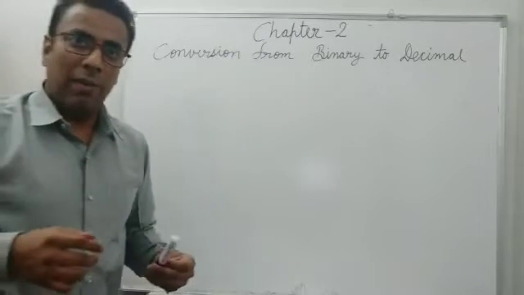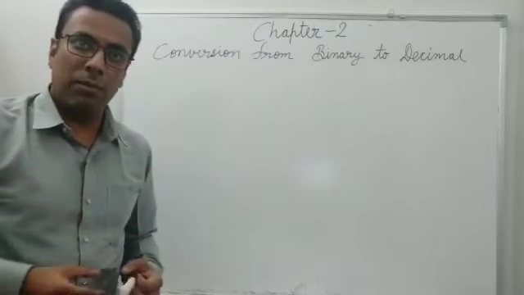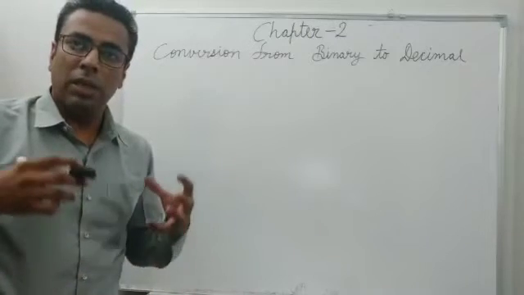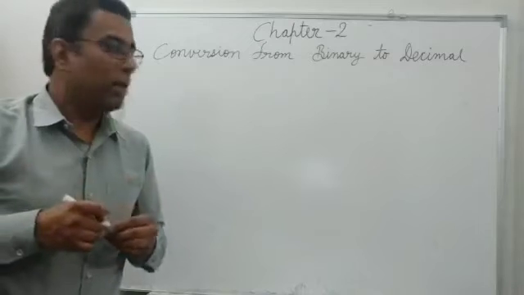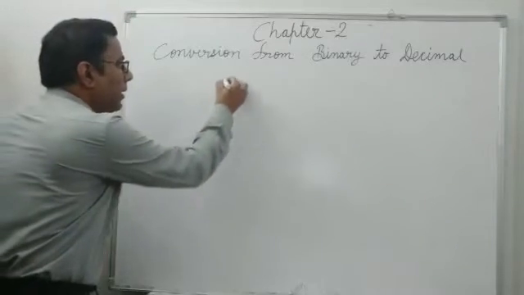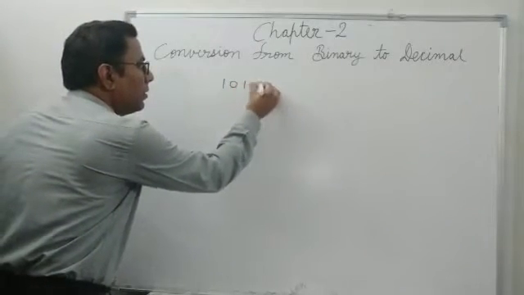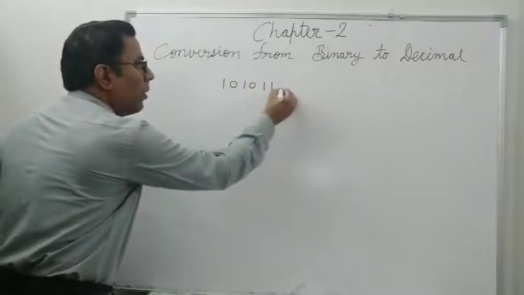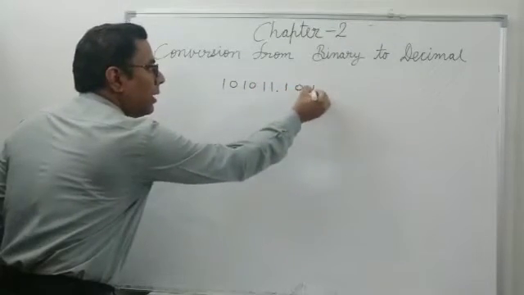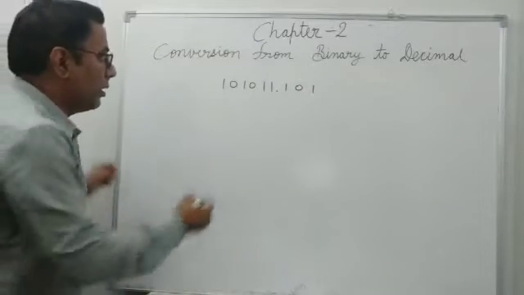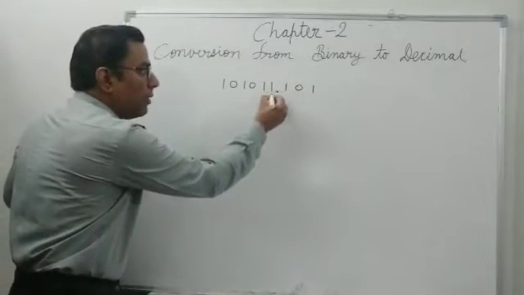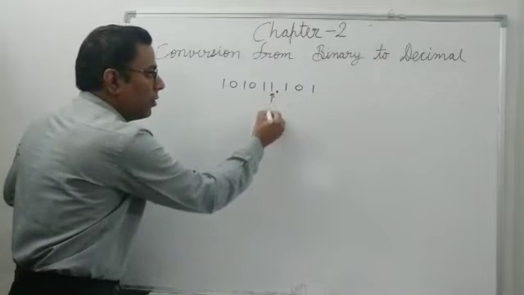Any binary number has positioning that starts from the decimal point. Suppose I have a binary number 101011.101. How to find its position? The digit just before the decimal point is on the 0th position.